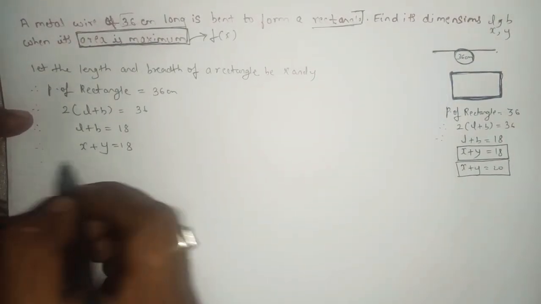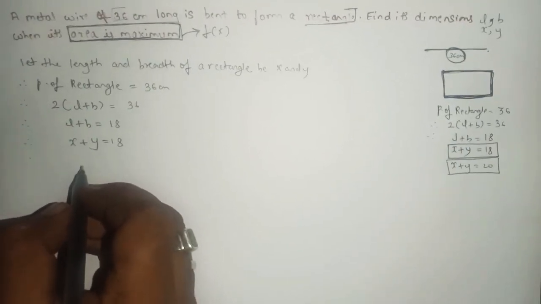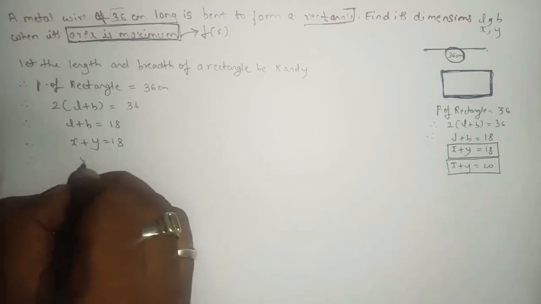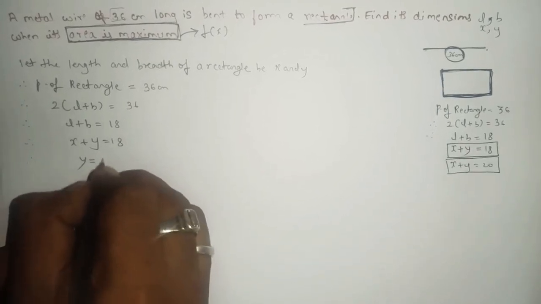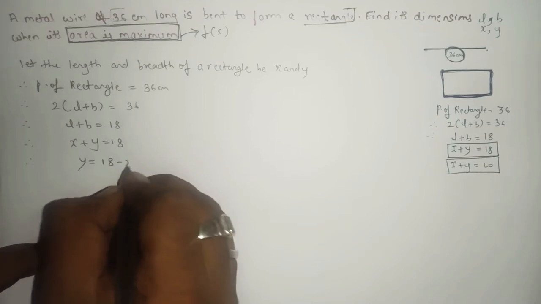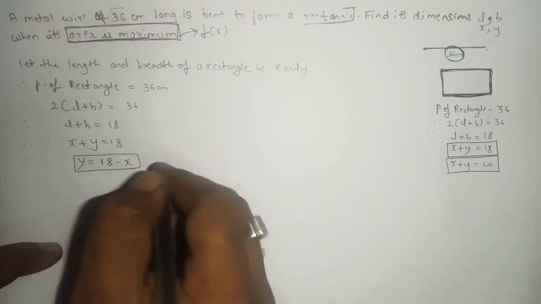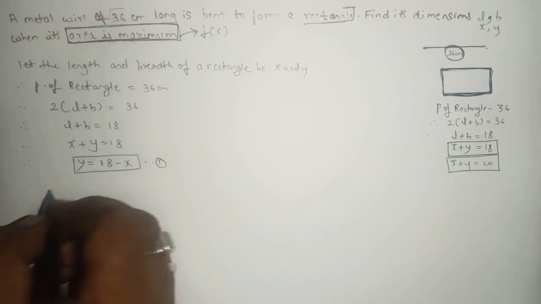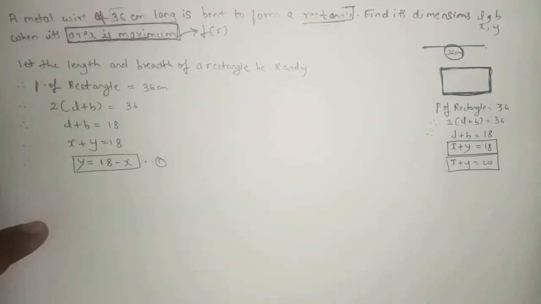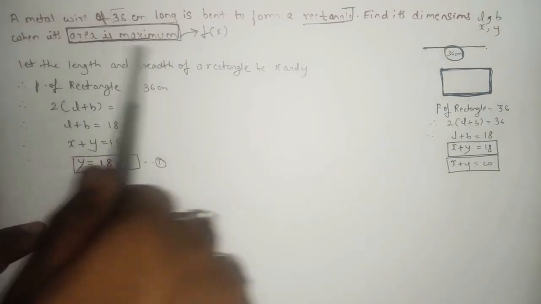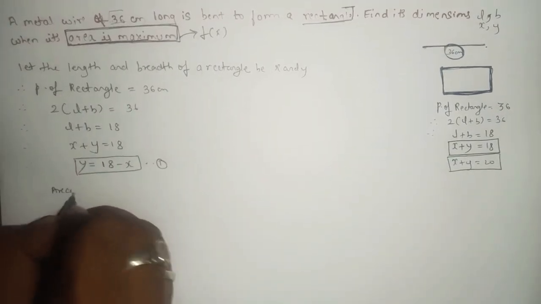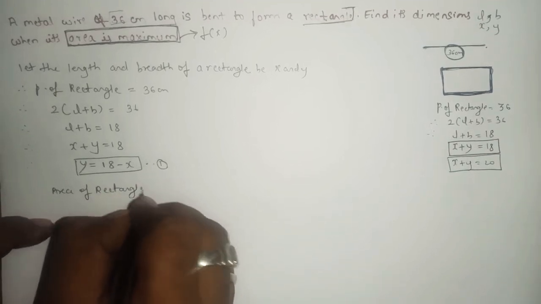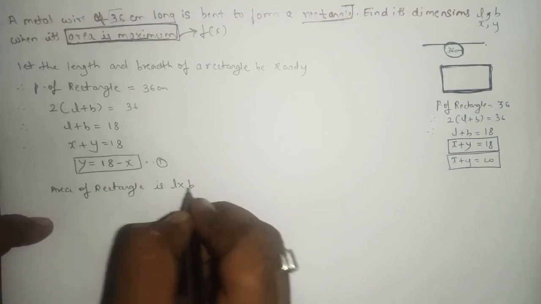Here also we'll do the same thing as we did in the last sum. We'll express the value of either x or y. So for this sum also we'll express the value of y only, yes or no? We'll call this equation number 1. As we know the area is maximum, and the area of rectangle is length into breadth, yes or no?